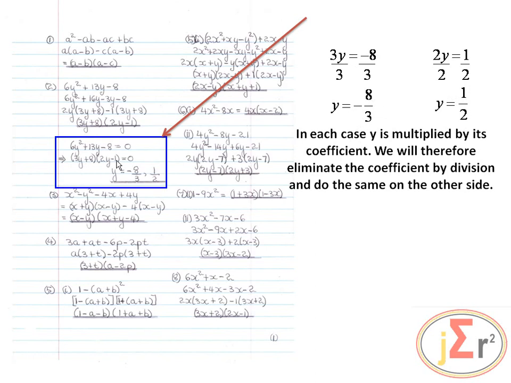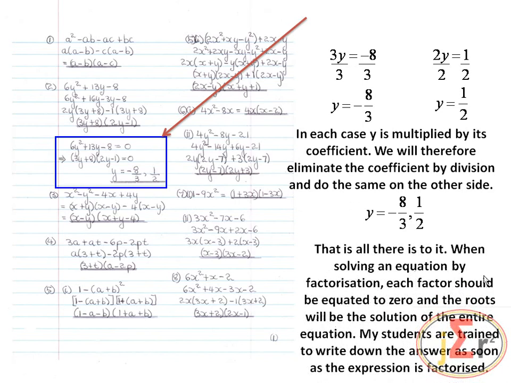If this one is equal to 0, then y is equal to a half. The result is 0. We do not necessarily need both of them to be equal to 0, but we are sure that one or the other or both. So we have not left any room for any doubt. We have made use of equating both of them to 0. So y is equal to negative 8 over 3 or a half. That is all there is to it.